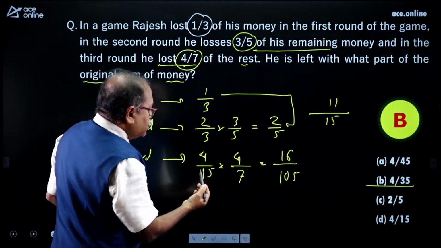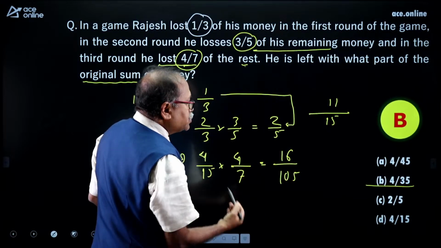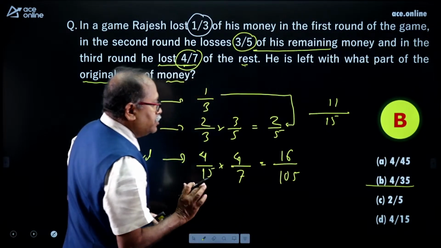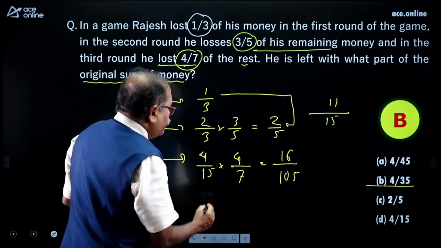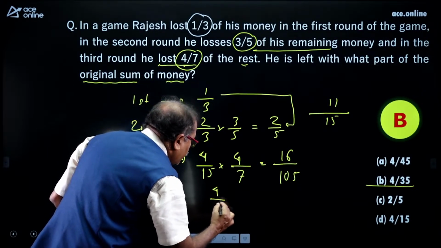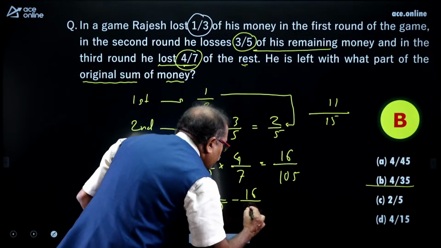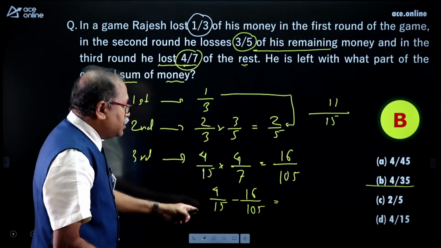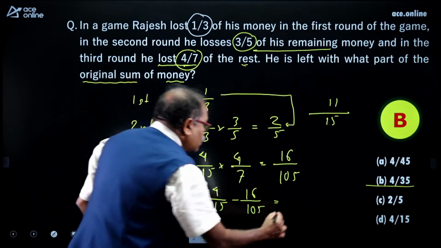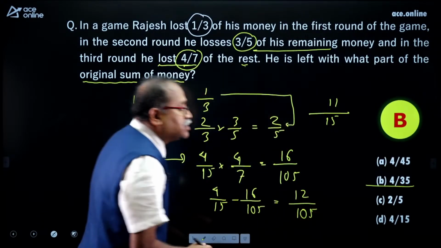The rest is 11 by 15 if I am taking out. So, this is what I got over here. Now, my answer should be that's 4 by 15 which is left. From there, if I take out 16 by 105, my answer is ready here. And I can clearly see I am getting this one as 12 by 105. That should be my answer.